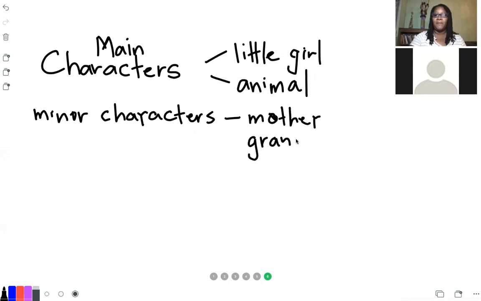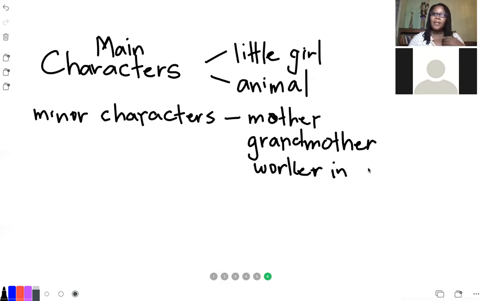Please forgive my atrocious handwriting as my pen is glitching and I am not sure why. And there is a worker in the forest. I'm sure by now you know what fairy tale this is. There is a worker in the forest.